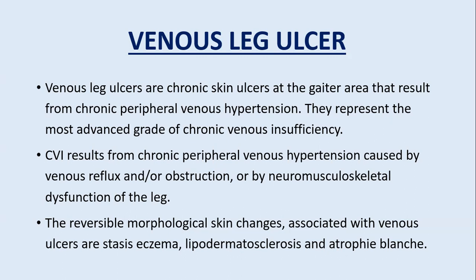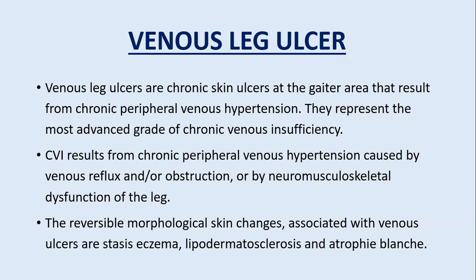of chronic venous insufficiency. The chronic venous insufficiency results from chronic peripheral venous hypertension that is caused either by venous reflux or obstruction. And it may be because of neuromusculoskeletal dysfunction of the leg. The reversible morphological changes associated with venous ulcers are stasis eczema, lipodermatosclerosis, and atrophie blanche.